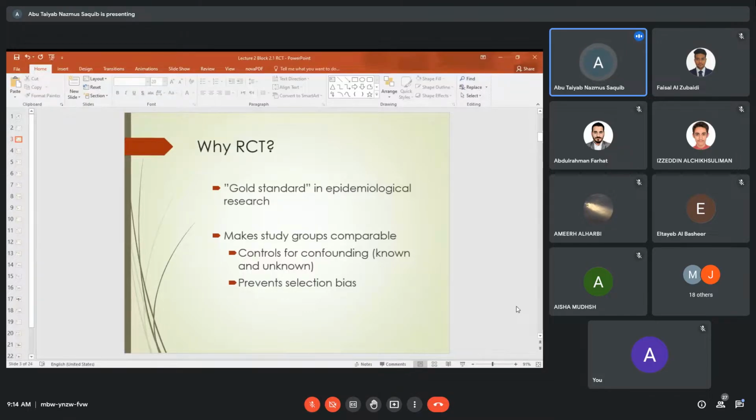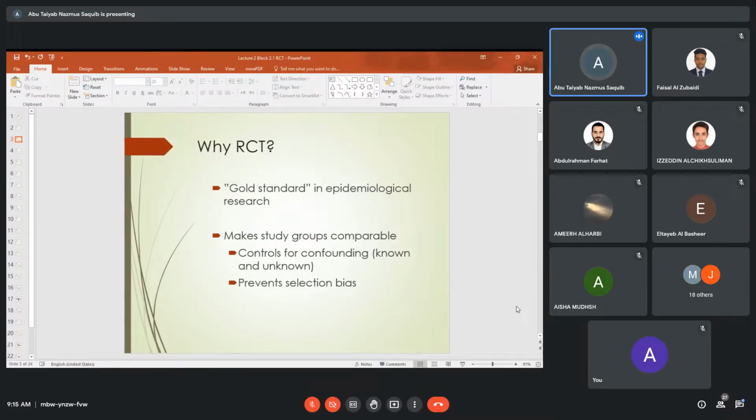The only difference between the two is that one group gets the intervention and the other does not. So if at the end of the experiment there is an effect, that must be due to the intervention. No other factor can be attributed to the difference in the outcome, because all other factors were similar between the groups. So if there is a difference, it must be the intervention. So randomization controls the confounding.